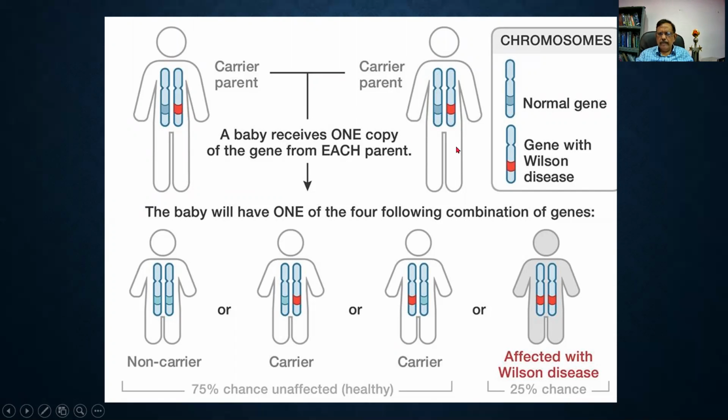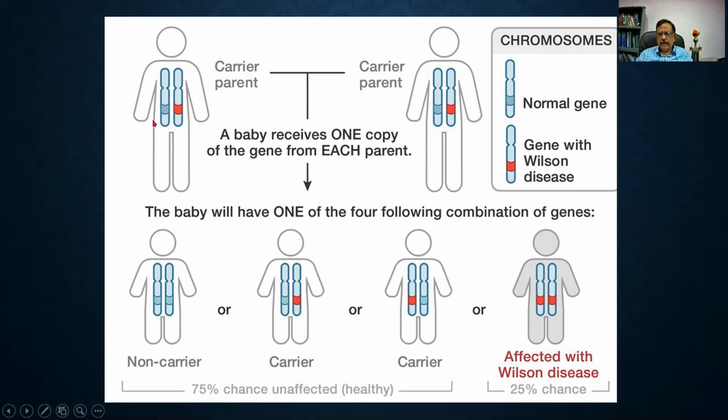But when they do get married, there is a possibility of all these outcomes. One, there is a normal chromosome from each parent, and the child is a normal non-carrier. Or there can be a normal chromosome from the father but a defective chromosome from the mother. It is still one, and the child remains a carrier.